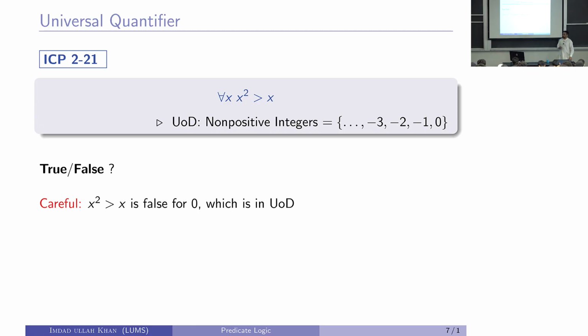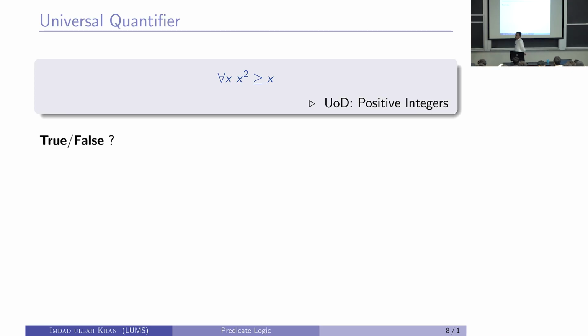Here is another one. For all x, x squared is bigger than or equal to x, where the universe of discourse for x is positive integers. You can translate it as: the square of every positive integer is greater than or equal to itself, right? If I say strictly greater, is it true?